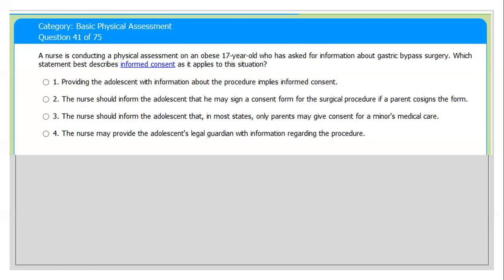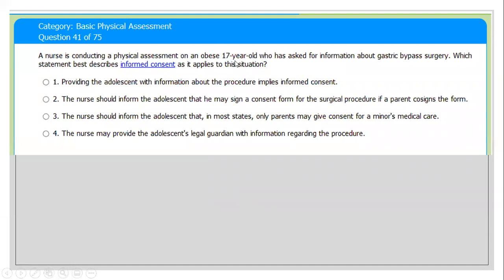So there are four options. What should be the answer? Number one, providing the adolescent with information about the procedure implies informed consent. Number two, the nurse should inform the adolescent that he may sign a consent form for a surgical procedure if the parents sign the form.